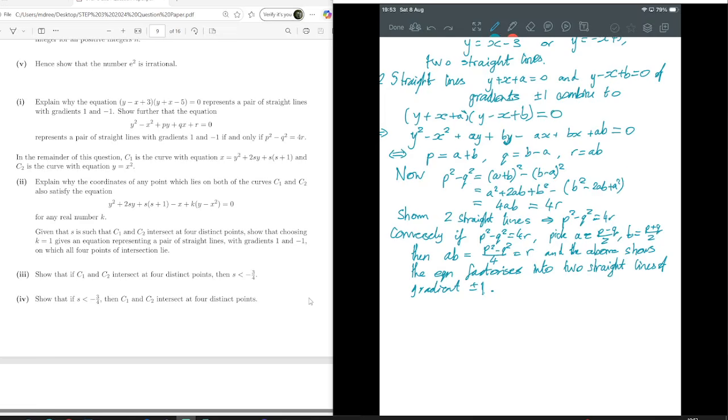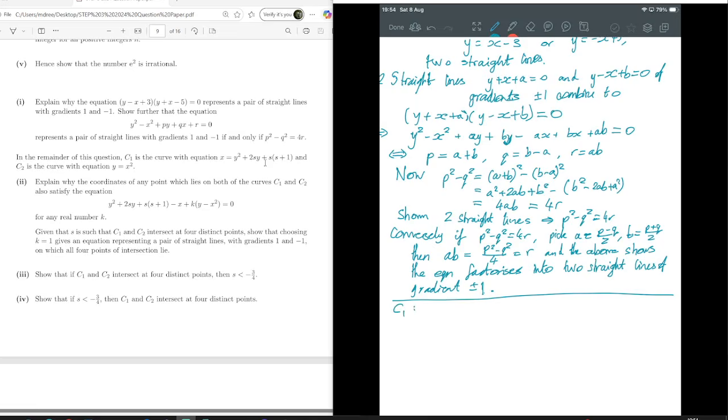In the remainder of this question, C1 is going to be an equation of that form, and C2 is our normal quadratic. Well, one thing I want to do near immediately, even if it doesn't become useful later on, I really want to complete the square on this C1.